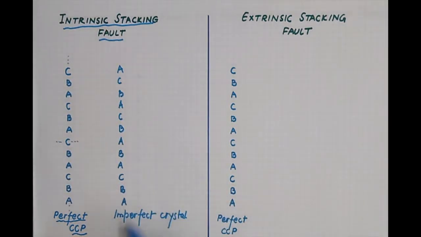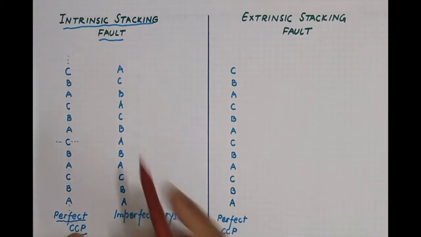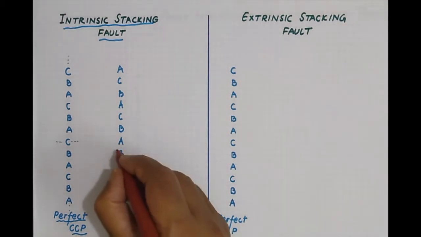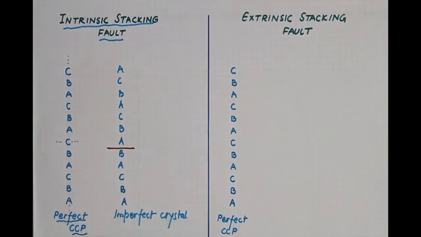Where is that stacking fault? So let us say ABC, AB. I was expecting a C plane there, but that is missing. So ABC, AB, there is a missing C plane there.